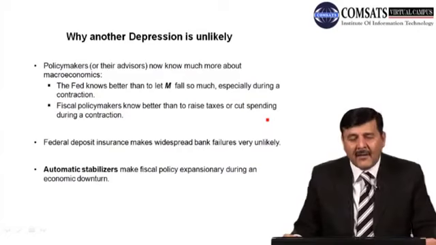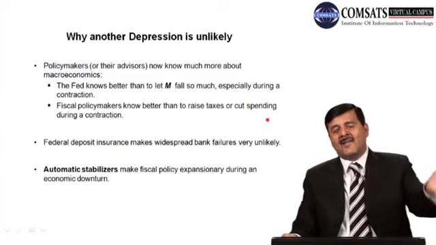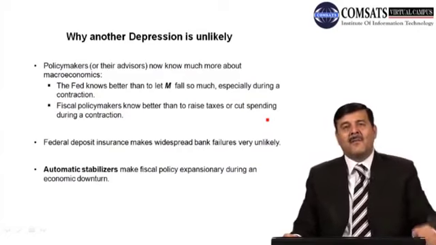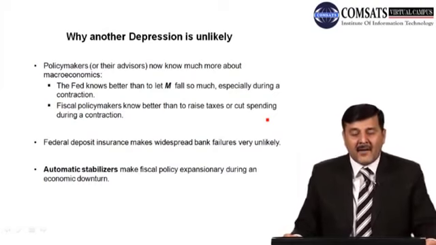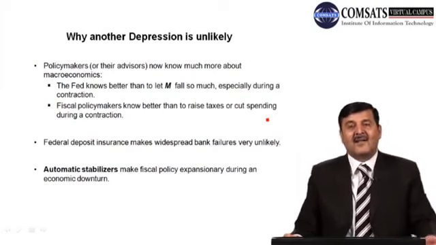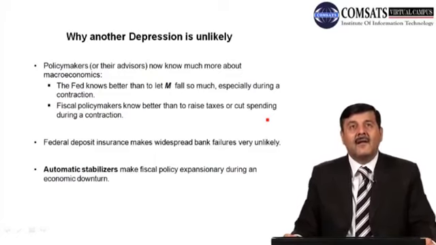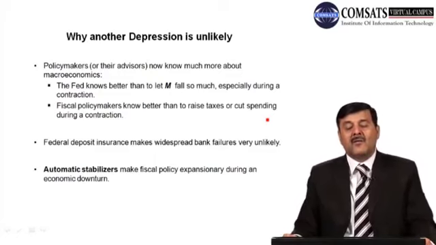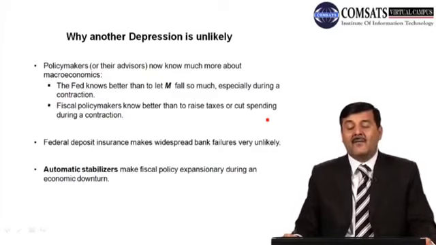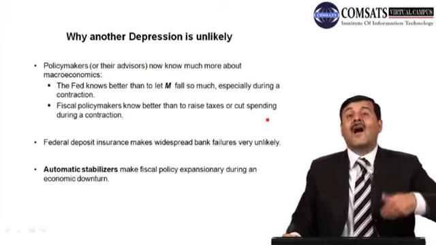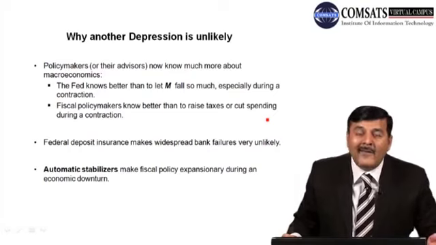They are now clever enough. They know that the money supply should not fall so much that prices fall drastically. Fiscal policymakers know better than to raise taxes or cut spending during a contraction. Federal deposit insurance makes widespread bank failures very unlikely. So there are automatic stabilizers now in the economy.